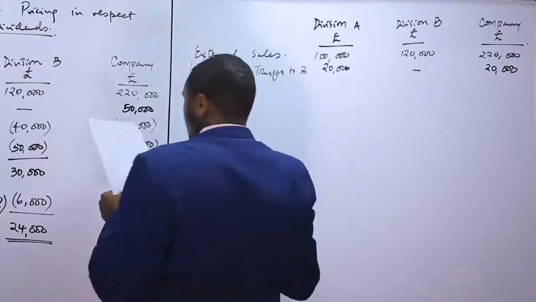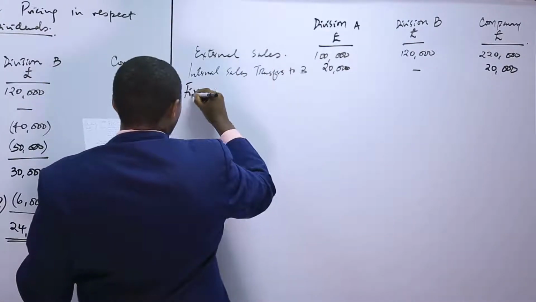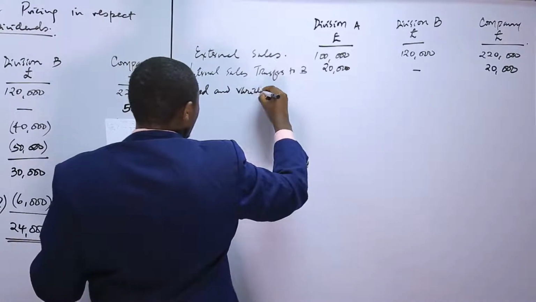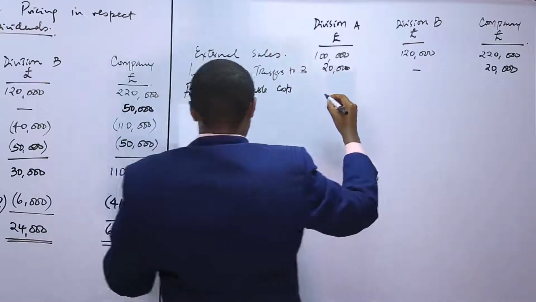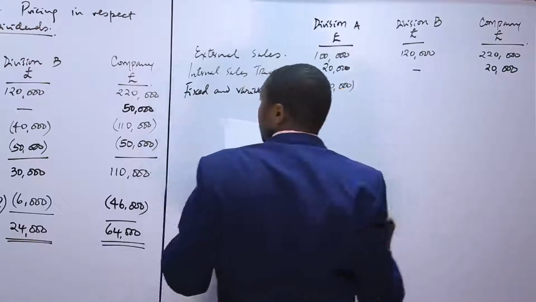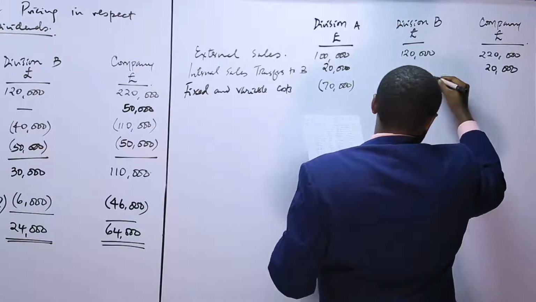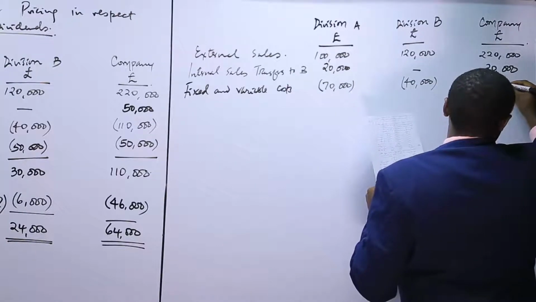Then we have fixed and variable cost remaining the same, of 70,000 and 40,000. Total to the group is 110,000.